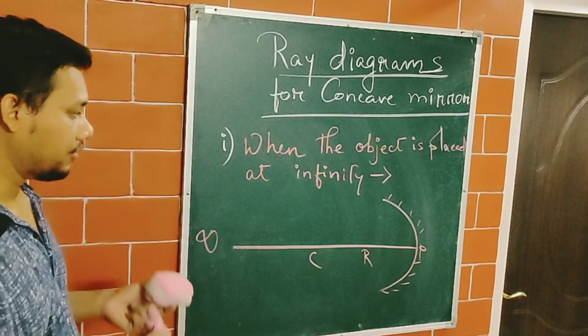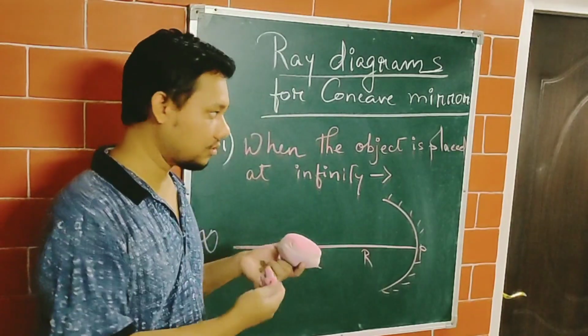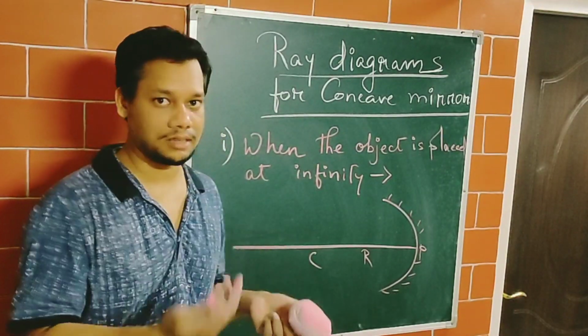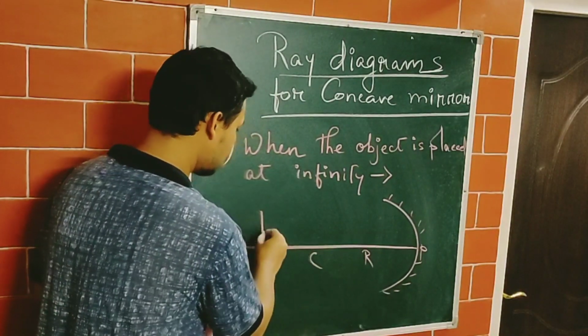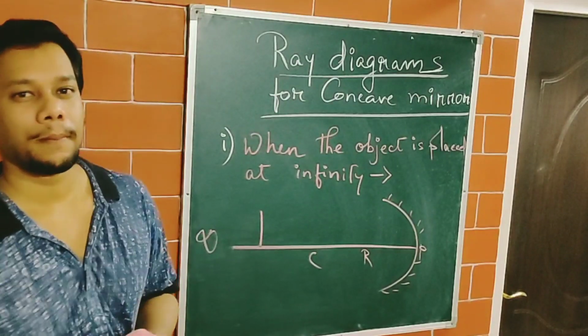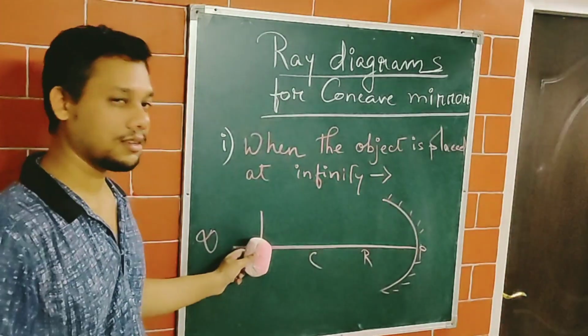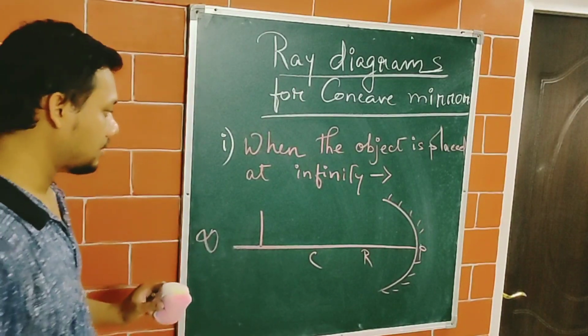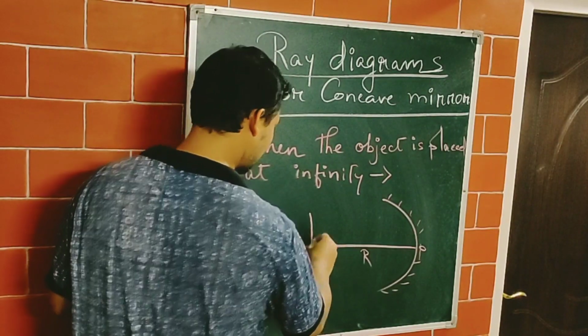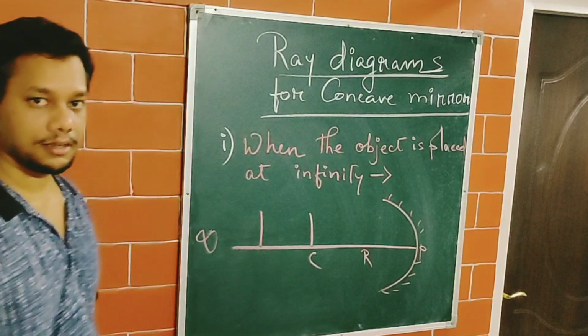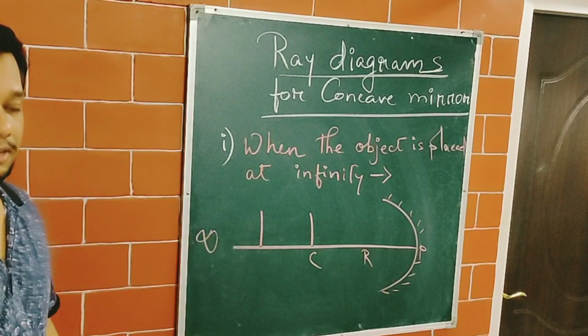Next, if we bring it from infinity to a place beyond C, then this is one position, beyond C. Second position. Third position is we can place the object exactly at the C, that is the center of curvature.